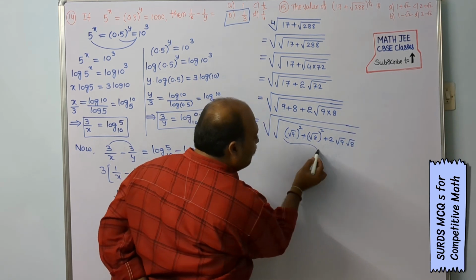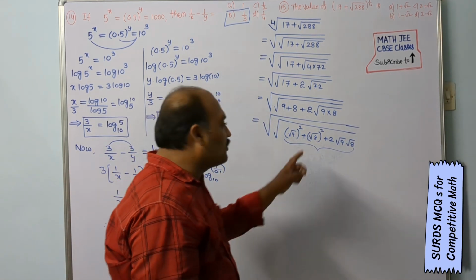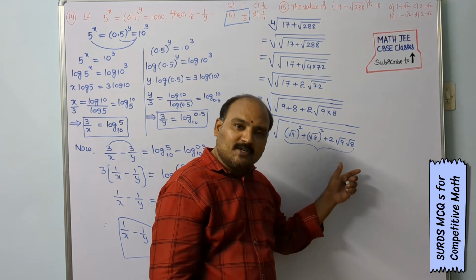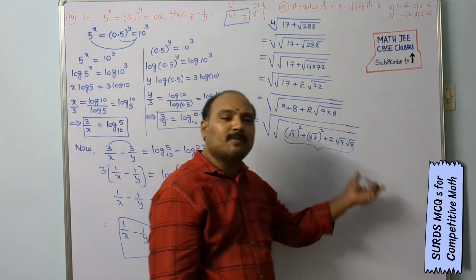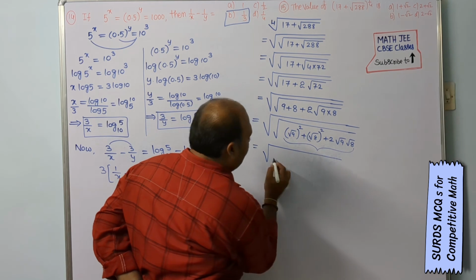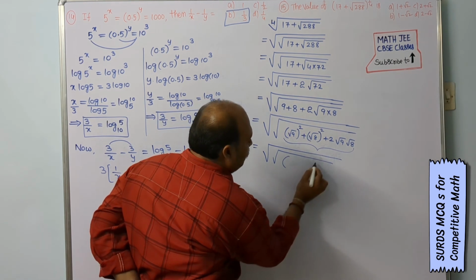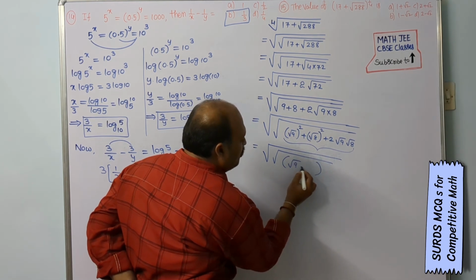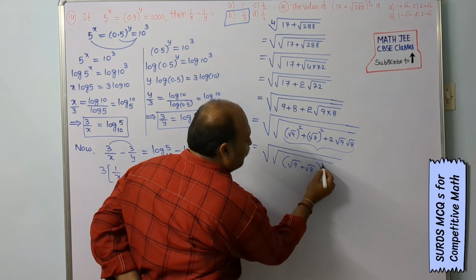Is it in the form of a square plus b square plus 2ab? Yes, it is a square plus b square plus 2ab. We can write it as square root of root 9 plus root 8 whole square.